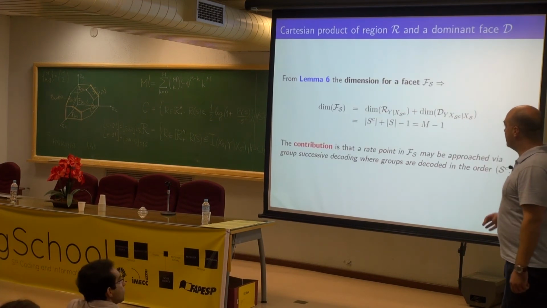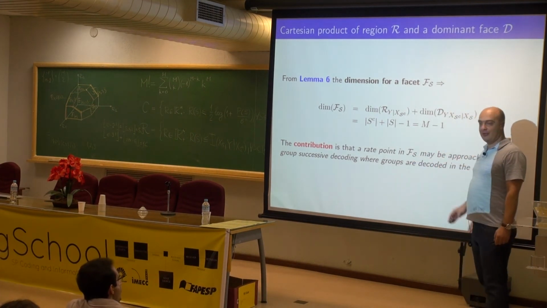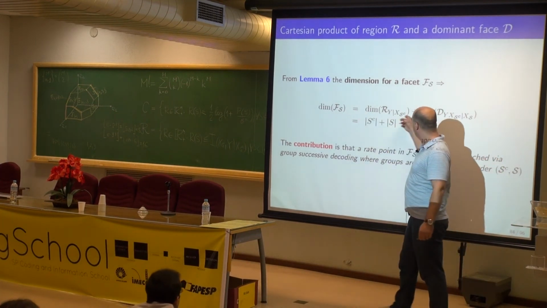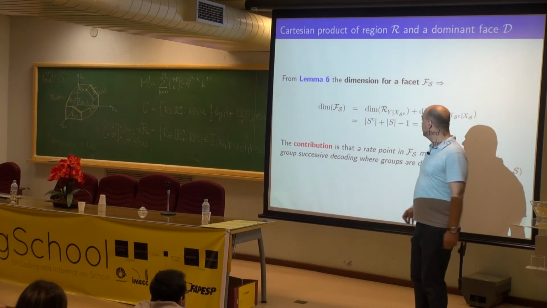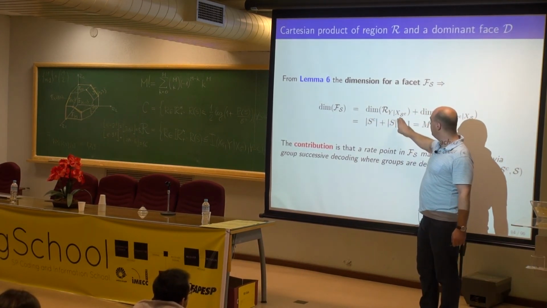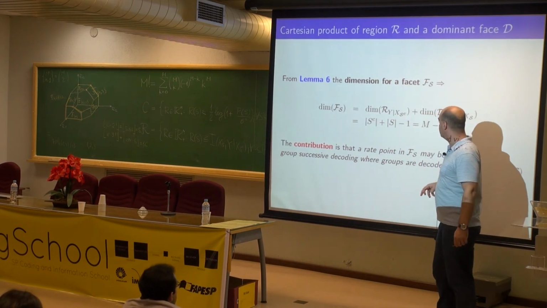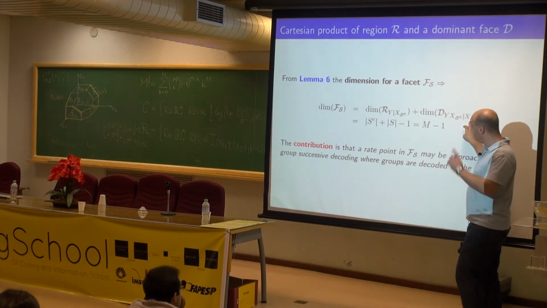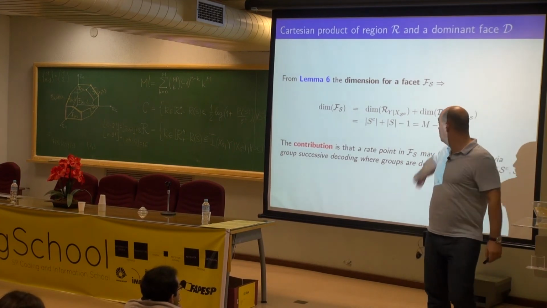And the dimension for this facet, of course, we know that the dimension for a facet is m-1, but then the dimension of this is the dimension of this region plus the dimension of this dominant phase, and this is the cardinality of SC, because this is set SC, and then the cardinality of S, but don't forget this is dominant phase, so we have to take out 1.